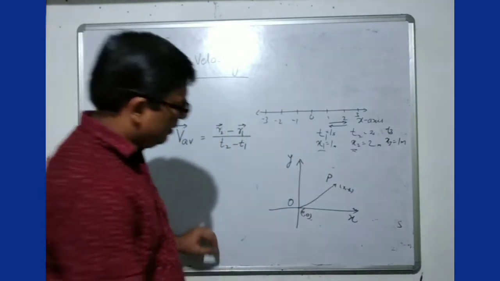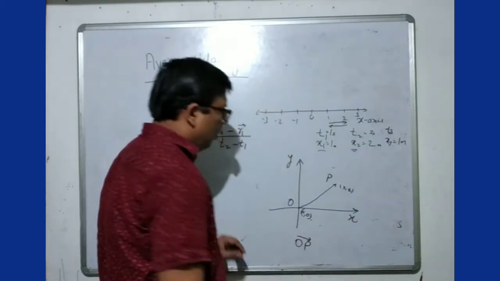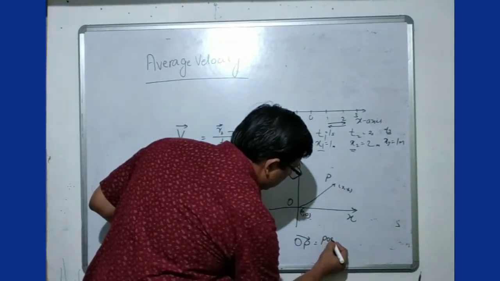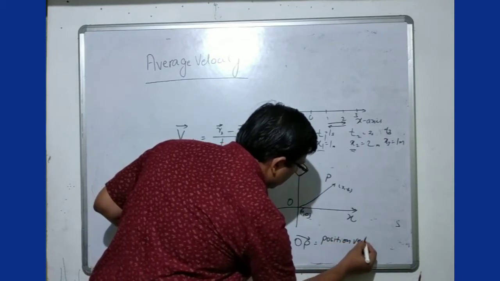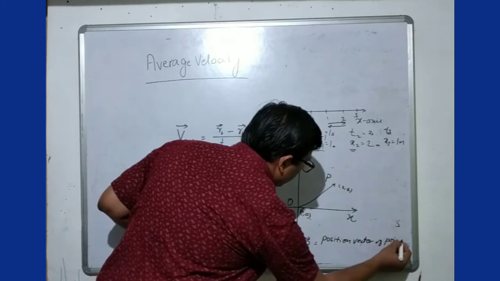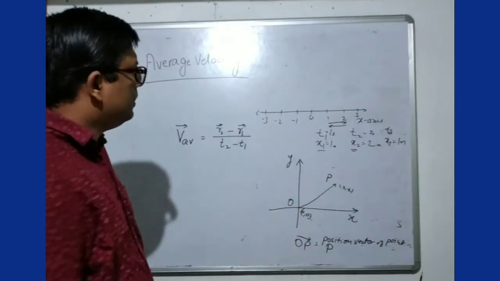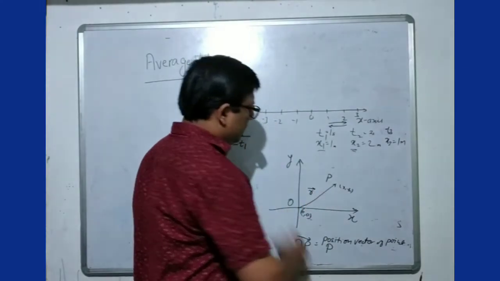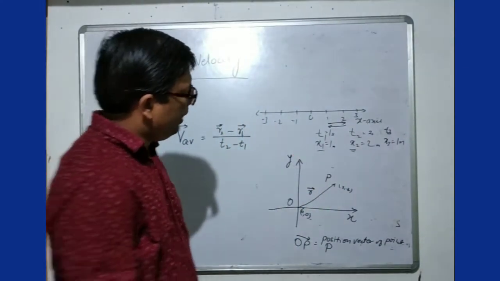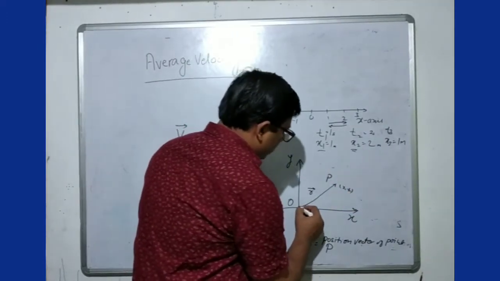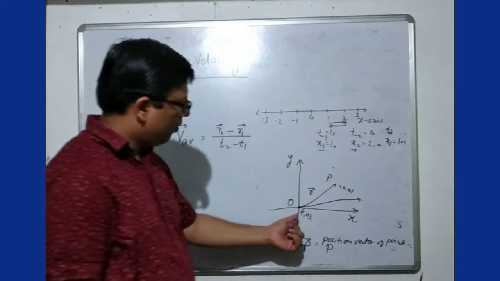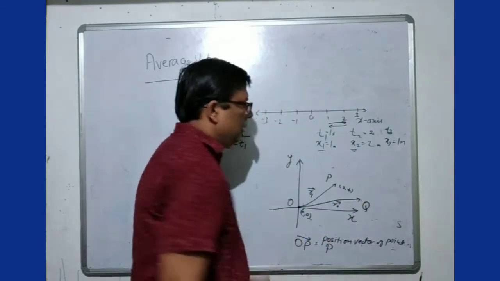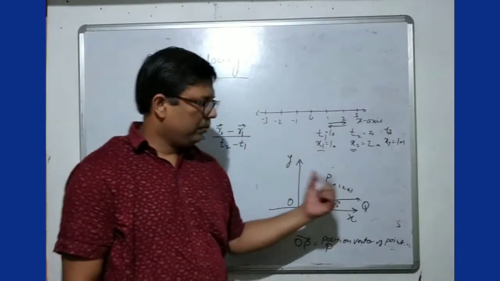This OP vector will be called the position vector of point P. This is OP, and this can be written as R. So any point you take, and you just draw a straight line from the origin to that point, that will give the position vector of that point.